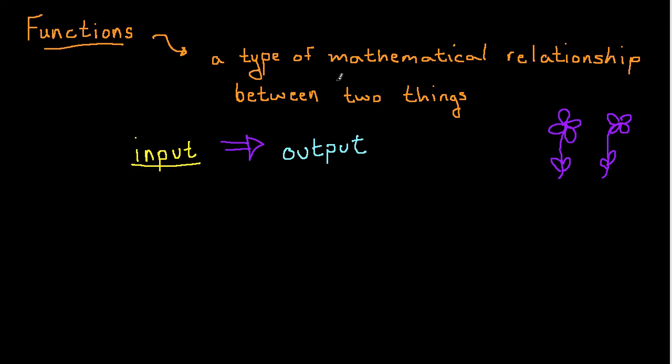So a function is a special type of mathematical relationship between two things. In order to understand what a function is, it's nice to think of the two things as being an input and an output. I'll just show you a relationship between some inputs and some outputs. Say we have 1 here and over here, it is related to 2.